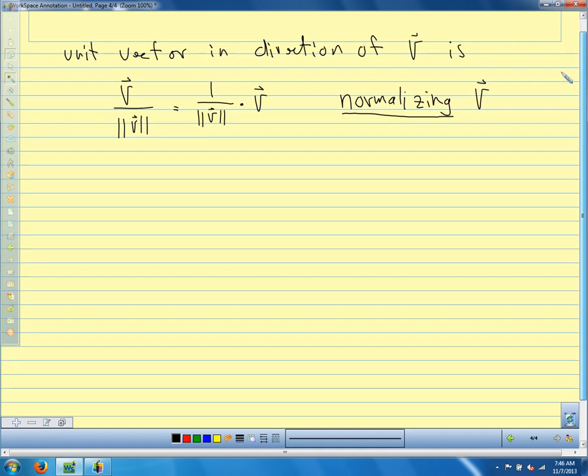So let's look at a quick example of normalizing a vector. So we have v, our vector is -2, 5. And we want to normalize this, or find a unit vector in the same direction as v. That means the same thing.